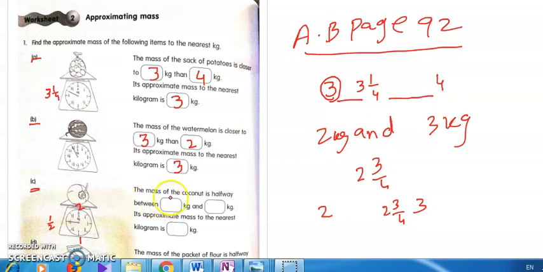So I will say the mass of the coconut is halfway between 1 kg and 2 kg, and its approximate mass to the nearest kilogram is 2 kg, because if it is halfway between the two numbers, then we will move to the bigger number.